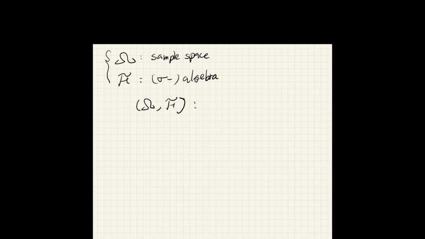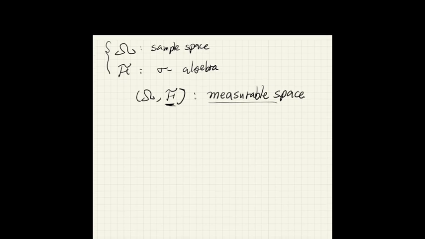This is called a measurable space. This is just a name. For it to be called a measurable space, it has to be a sigma algebra.